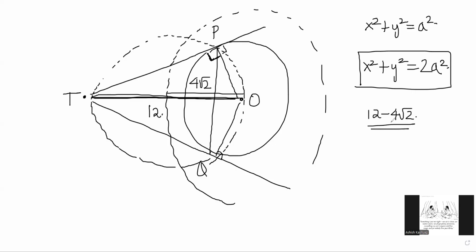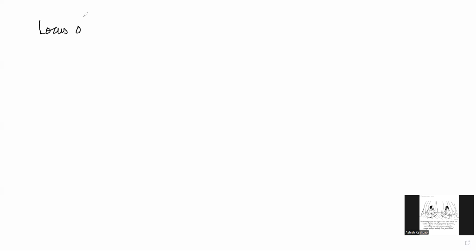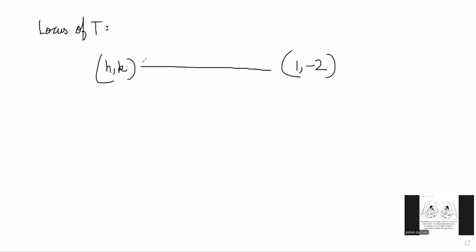Also, if somebody asks you a question to find the locus of T, the locus of T can also be found easily because you can take T as a point h comma k, and you can say the center of the circle was 1 comma minus 2, and we know that these are the end points of a diameter. We just saw that, right? So you have to write the equation of the locus.